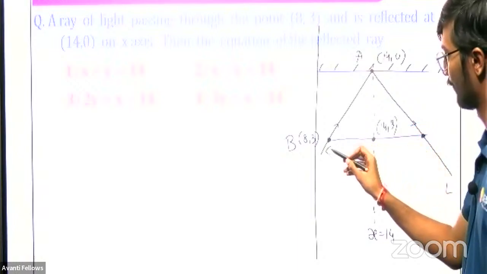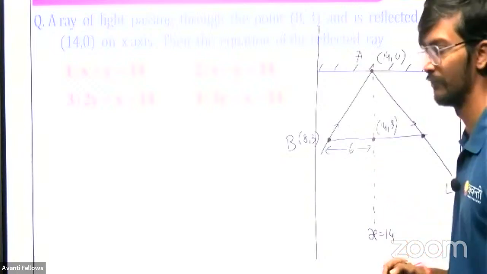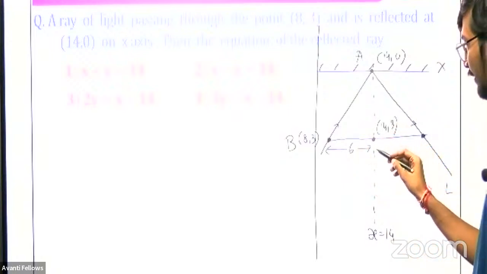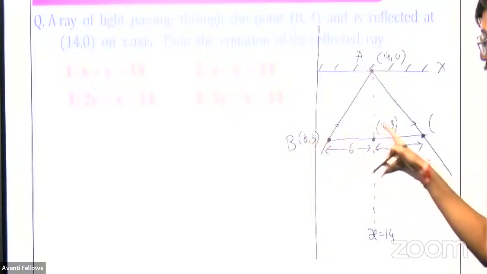So this distance is 6. Since we are on the coordinate plane and this is the reflection, this distance will be equal to this distance. This is also 6. So 14 plus 6 will be (20, 3). Let's say this point is B dash.